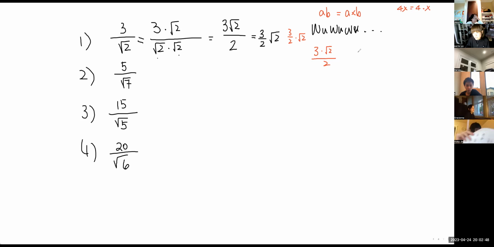If you see 100 alpha, that means 100 times alpha. So later on, when a square root and some number are put together, the relationship between them is times. Get it, everybody? If you want to take notes, that is very important.